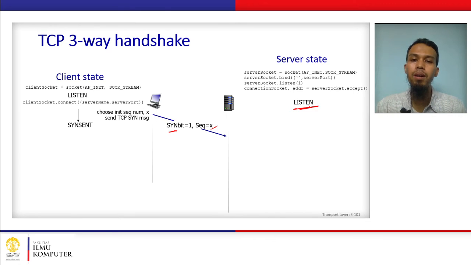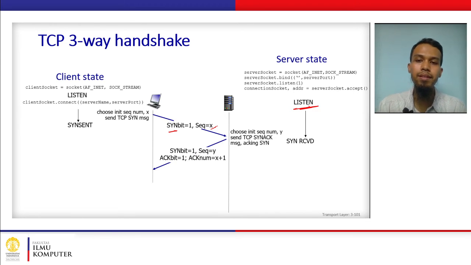Okay, so when the client sends this TCP SYN message, the client is in the SYN send state, and upon receiving this SYN message from the client, the server is in the SYN receive state.